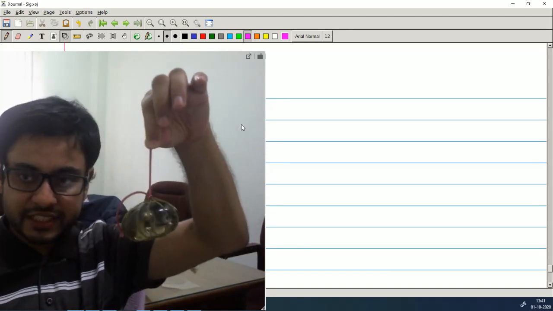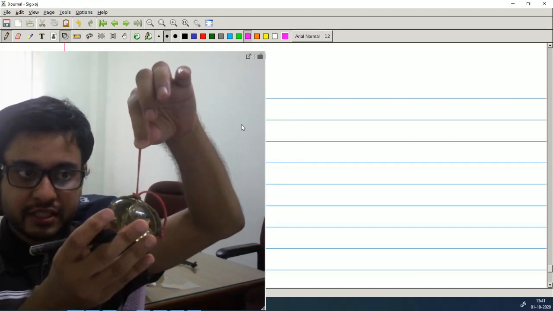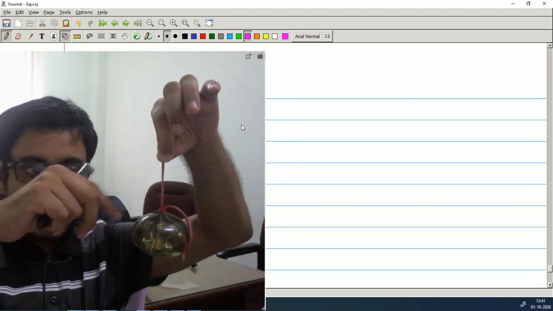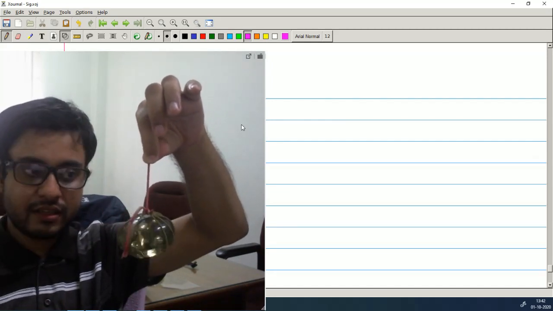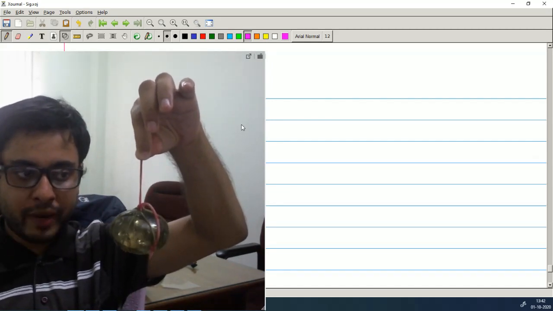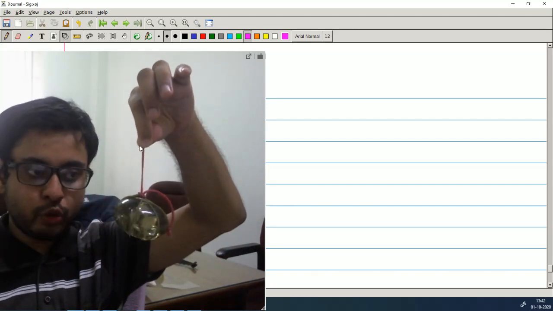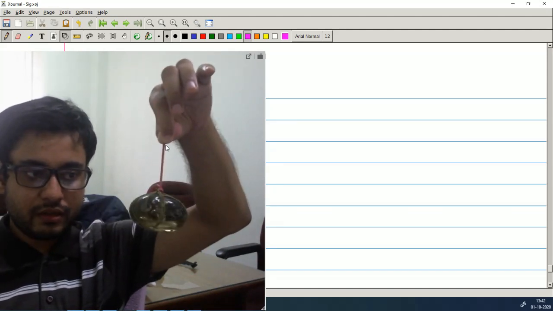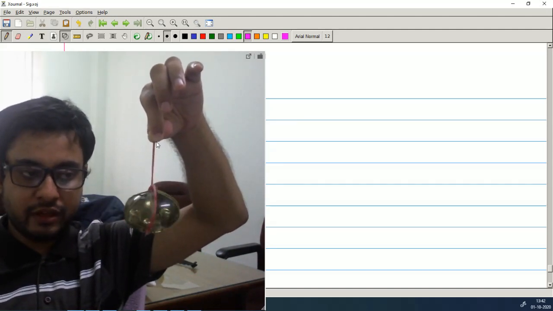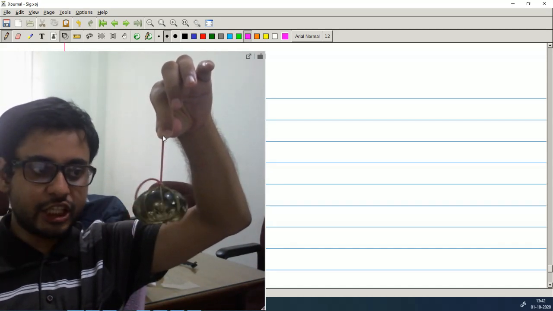Consider this pendulum. Some weight, a paper weight, is tied with a rubber band, and I am holding it here, and I can move my hand up or down. The position of my fingertip from some reference level, up or down, is considered as the input to this system.